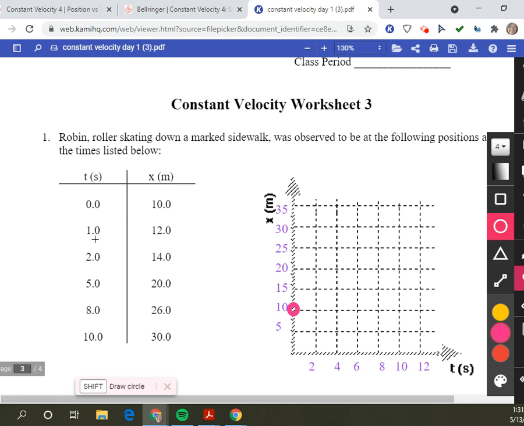At 1 second, they were at 12 meters. So at 1 second, they were right here. Probably move that up a little. At 2 seconds, they were at 14. So right at 2 seconds, we were right under there. Okay. At 5 seconds, we were at 20.